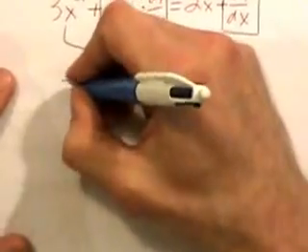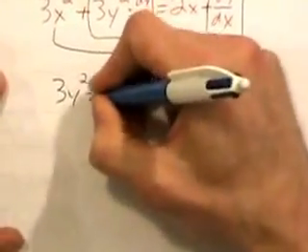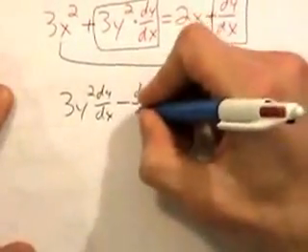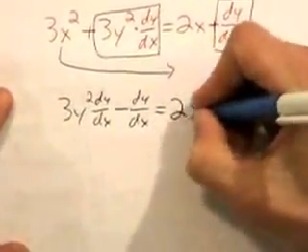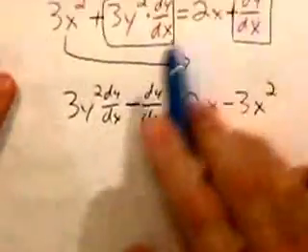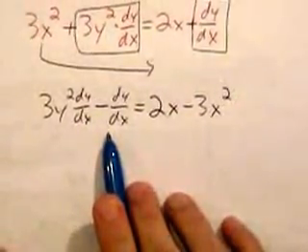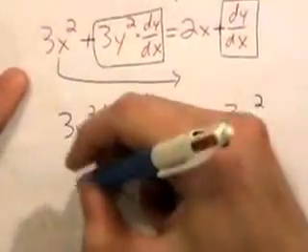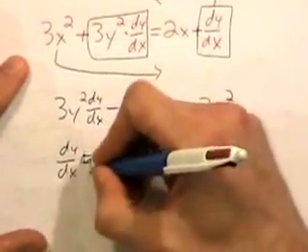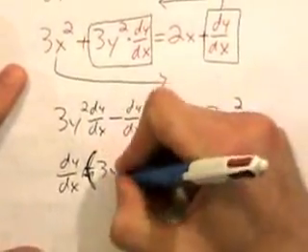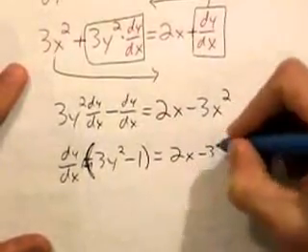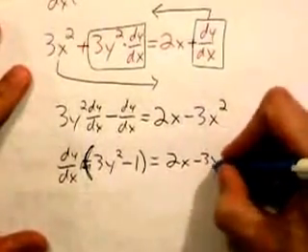If I do that, I'll have 3y squared dy/dx minus dy/dx equals 2x minus 3x squared. After having done that, dy/dx will always factor out of the whole thing. So I'll take it out, dy/dx times (3y squared minus 1) equals 2x minus 3x squared.